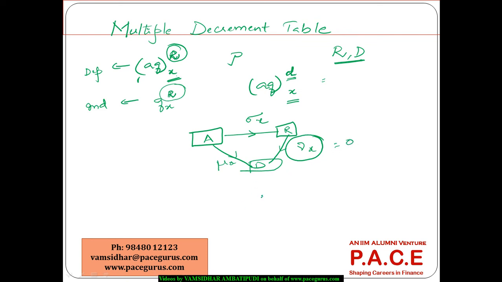So A Q X D, the probability that a person of age X will leave the population because of death, is the same as the probability that a person currently in state active moves to state death from age X to X plus 1.